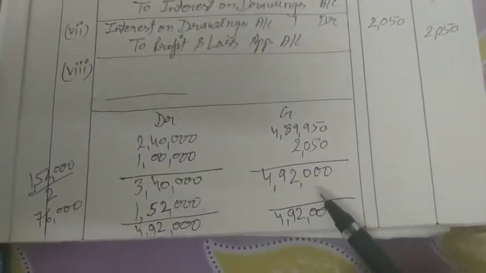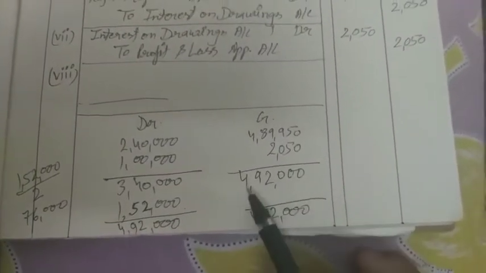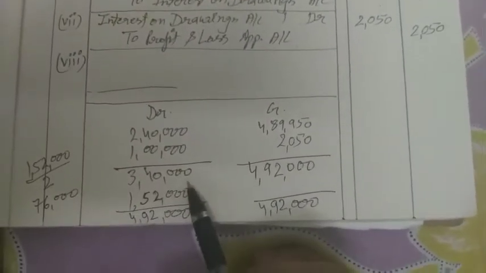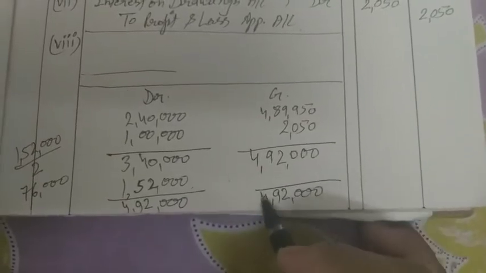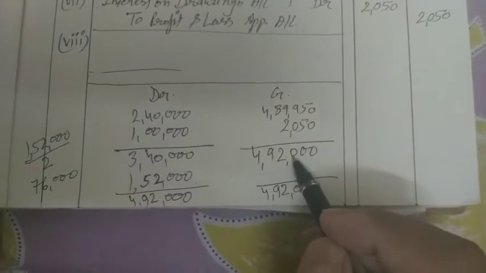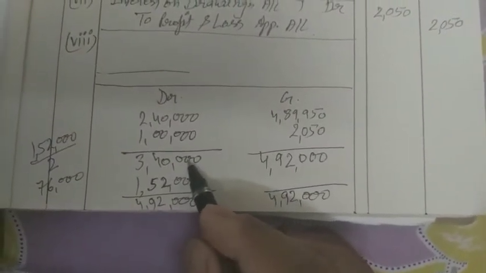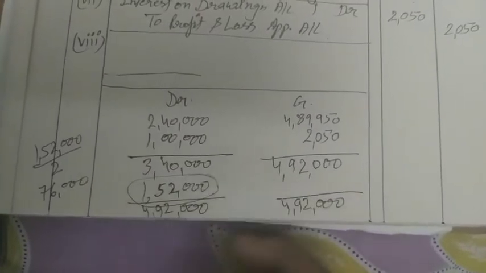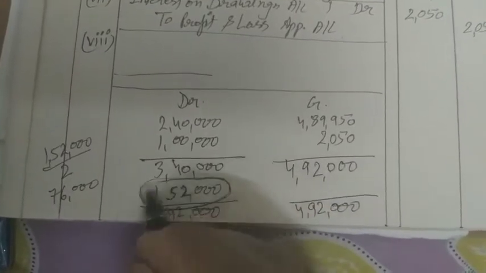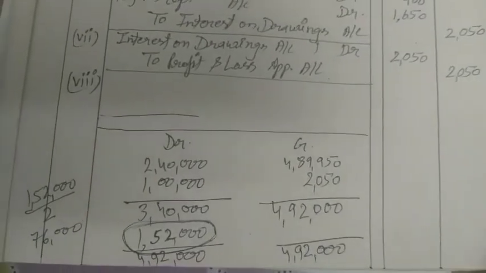This is the calculation, and we have found the profit balance here. The total is 4,92,000, and this total is 3,40,000. And according to this, the total is more compared to this one. The credit side balance is more. So if we subtract the debit side from the credit side, the balance left is 1,52,000, and this 1,52,000 will be distributed among the partners in which ratio? What is given in the question?